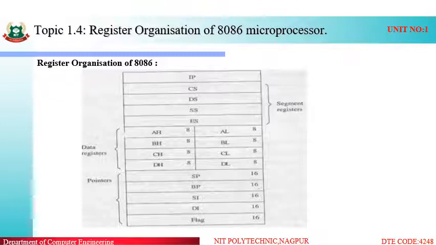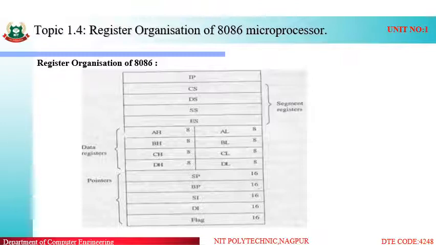It is used to hold the status of the result which our ALU has generated. What is ALU? Arithmetic logic unit. So whatever result we have got, the status of that result is stored in the flag register, also called the status register.